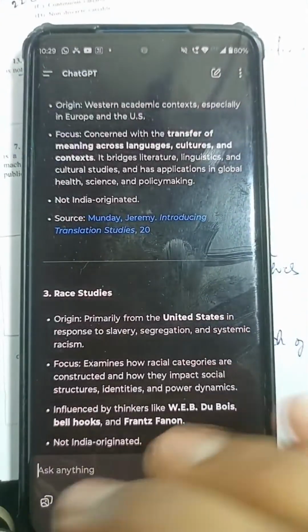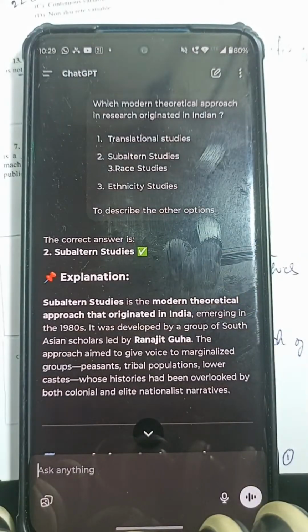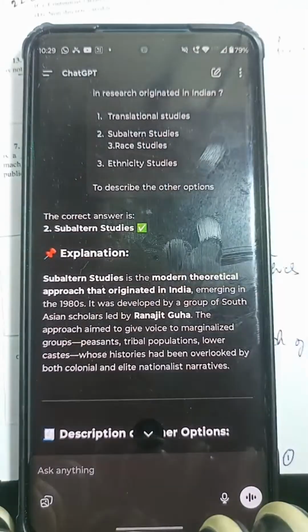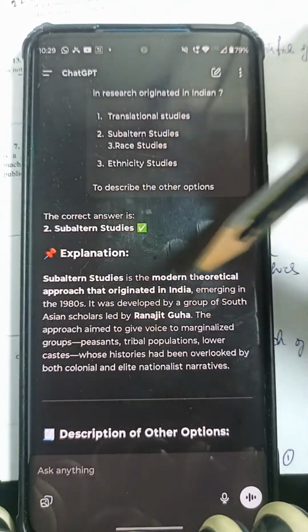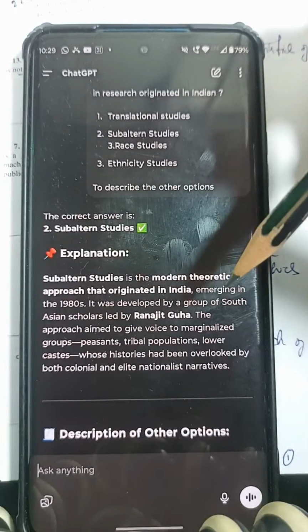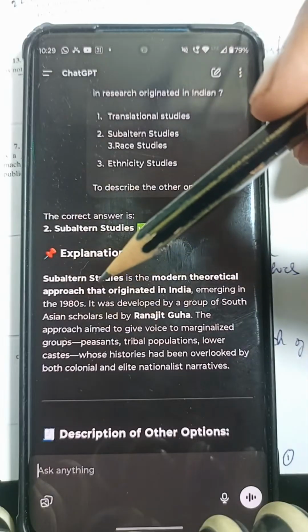It's all right. So this question was: which modern theoretical approach in research originated in India? Translational studies, subaltern studies, race studies, ethnicity studies. The correct answer is subaltern studies. The explanation: subaltern studies is a modern theoretical approach that originated in India, emerging in the 1980s.